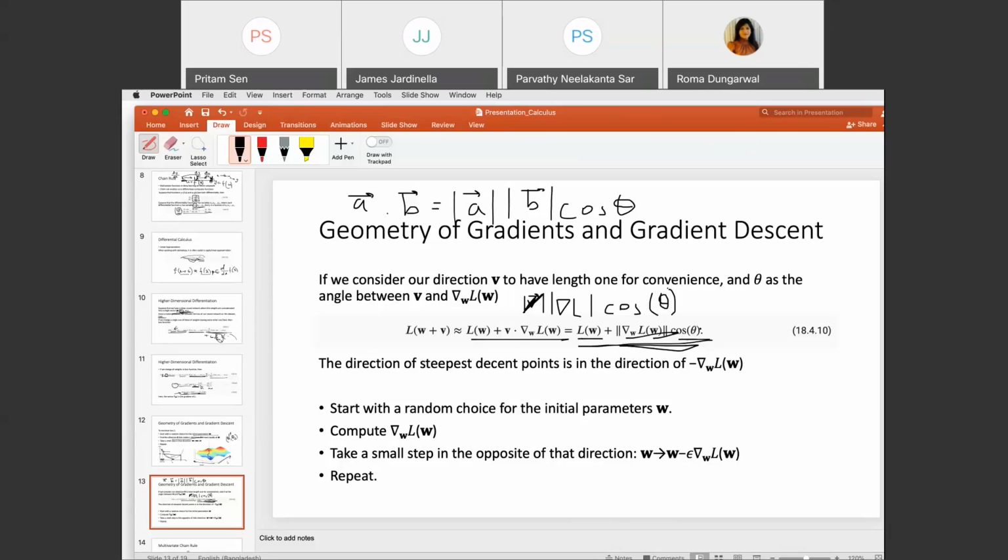So we want to make the steepest change. That means we want to make the cos theta minimum, so that the loss value is minimum. It will be minimum when theta is equal to 180 degrees, where cos theta is equal to -1.